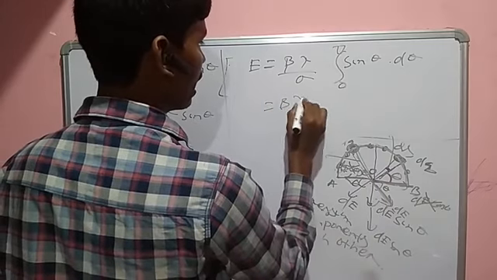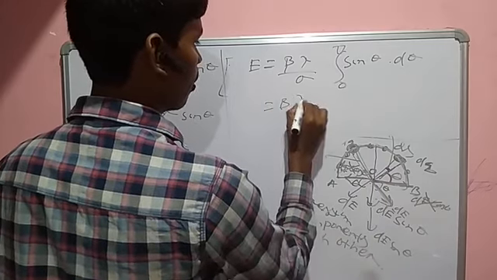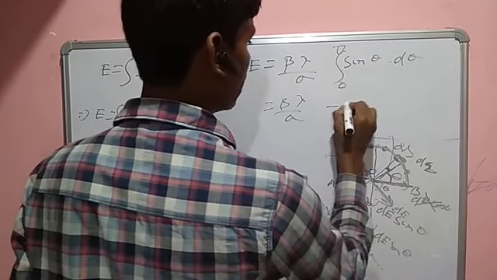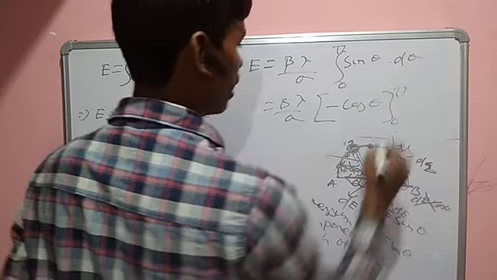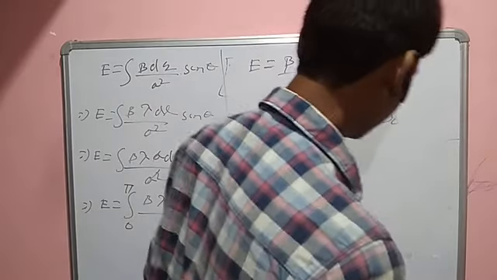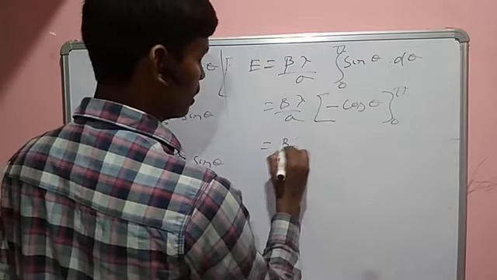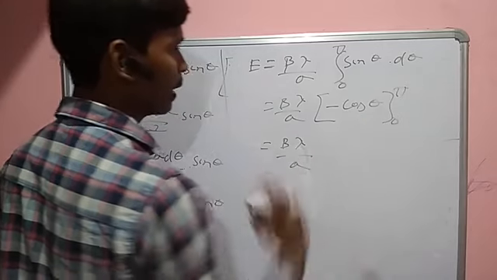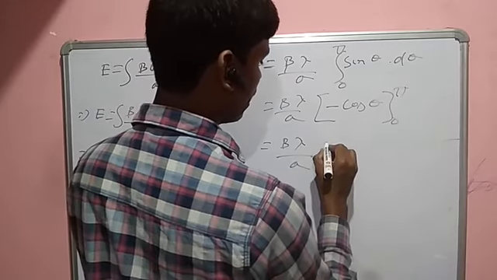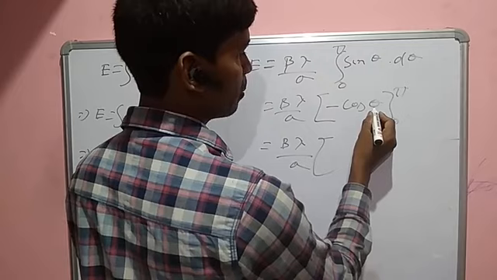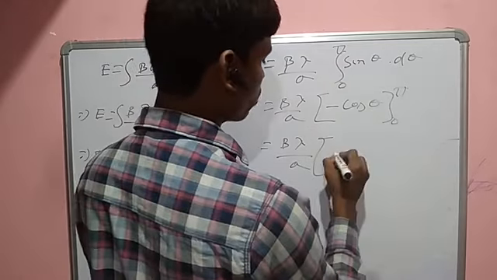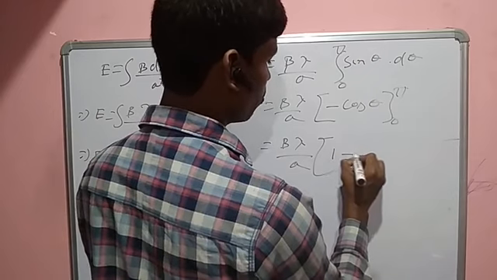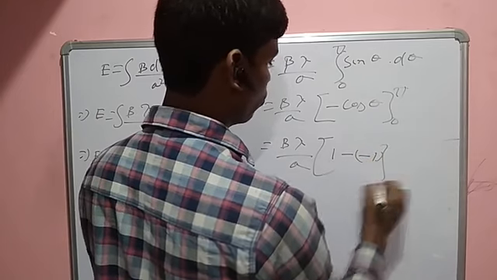So k lambda by a times minus cos theta from 0 to pi. Higher limit minus lower limit: cos pi minus cos 0, that is minus 1 minus 1. Yes or no?